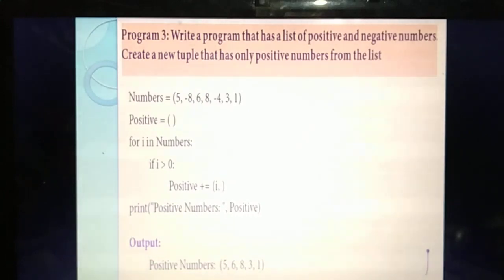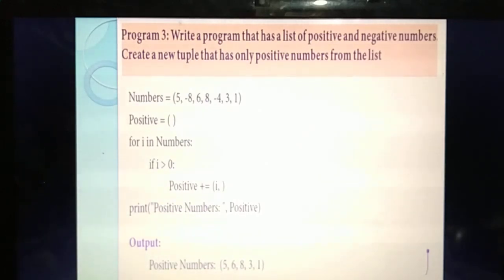So next program is, you have a list of positive as well as negative numbers. Inside the parentheses, in a tuple, you are defining a list of positive as well as negative numbers. But you are going to create a new tuple containing only the positive numbers.